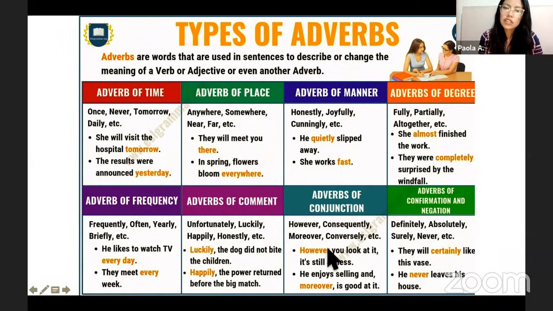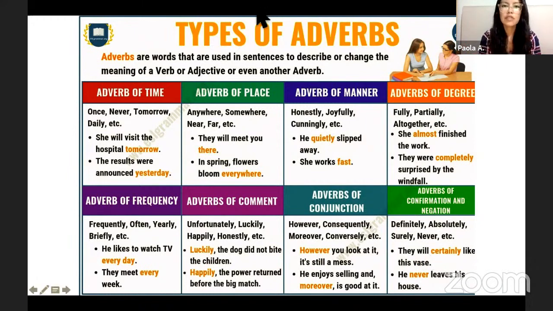Of conjunction, related to connectors or linking words: however, moreover, otherwise, this type of words. And perhaps. Adverbs of confirmation and negation: certainly, something positive, definitely, absolutely, or negation, never, that kind of words.